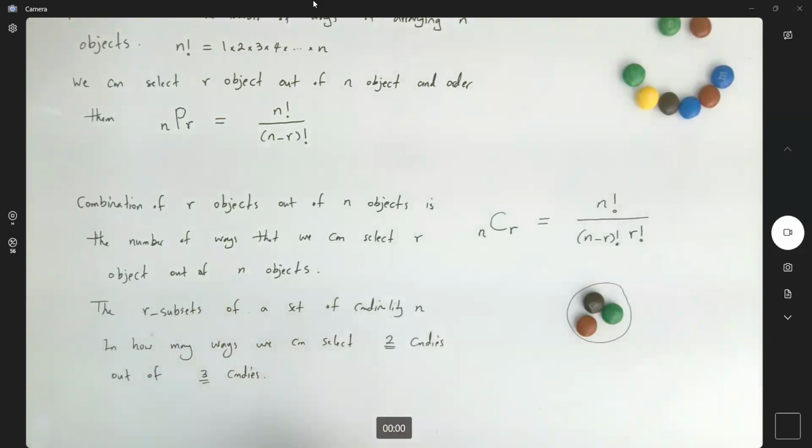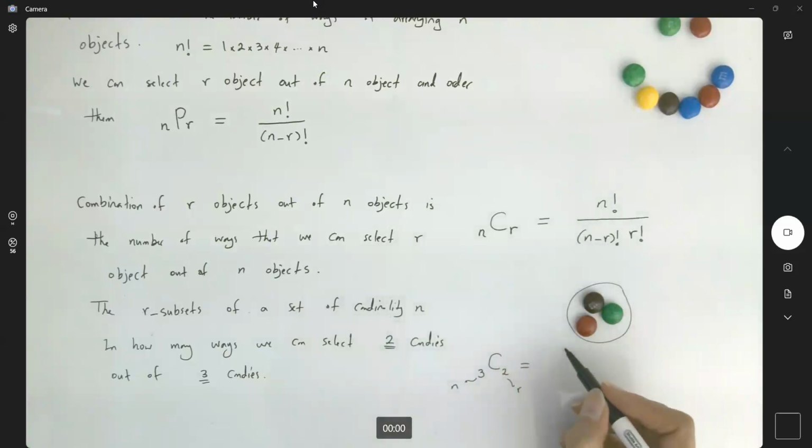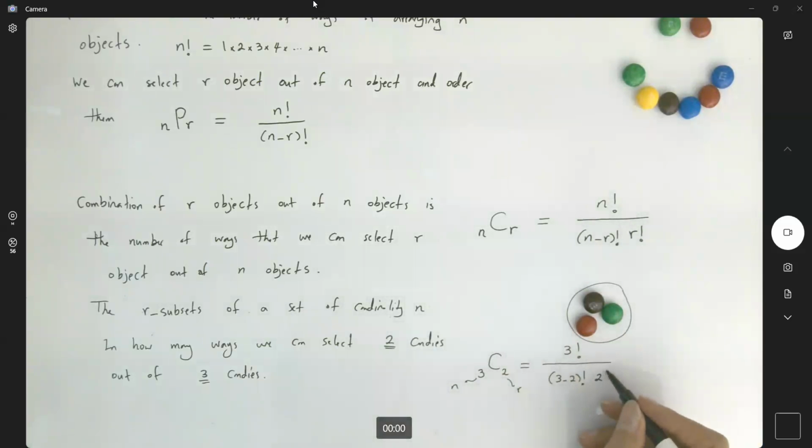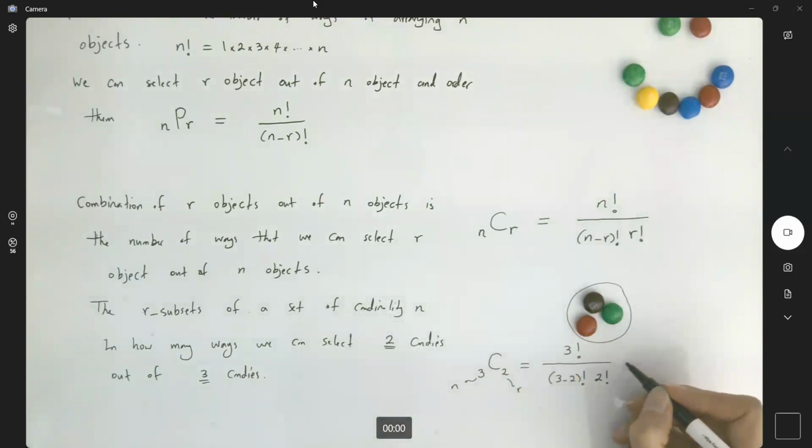Let us use it. This formula says, hey, you have a combination of 2 objects out of 3 objects, which is denoted by, so n is 3 and R is 2. Just follow the formula. 3 factorial divided by 3 minus 2 factorial, which is just 1. I already gave away the answer, times R factorial, which is 2 factorial. So let us simplify this.